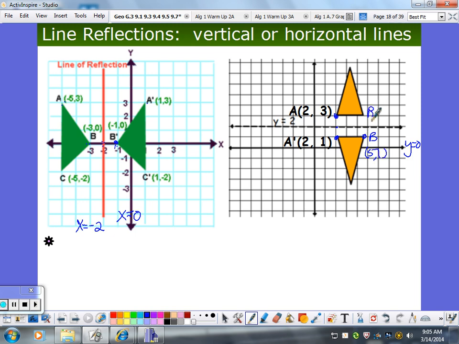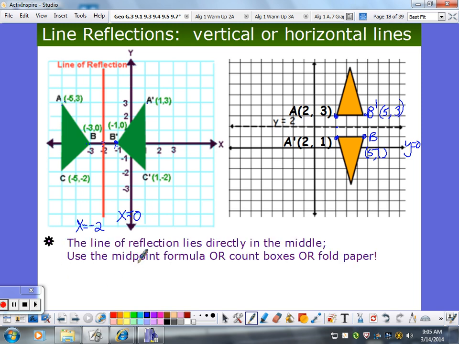So what's B prime going to be? Well, it's going to be the same x value, and then I went up 1, so 1, 2, 3. And we have it. So you can use midpoint formulas. It's very complicated, I think, but harder to try and just come up with the mappings rather than just count the boxes. So that's what I do.